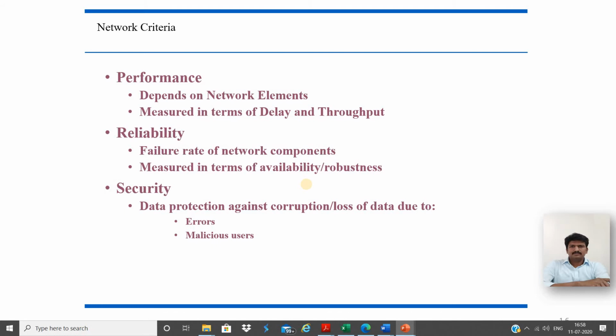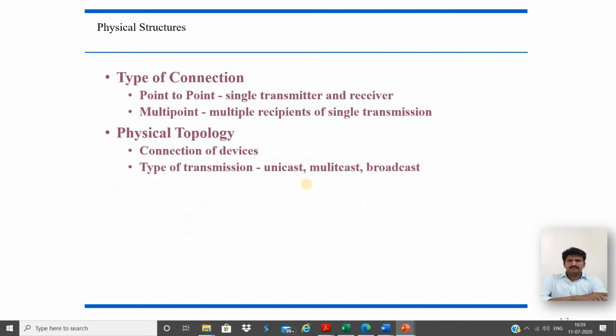If security is not provided, there might be a possibility of errors in the received data. Malicious users might enter and corrupt the data which is transmitting through the network. So security is a major concern in the network criteria.